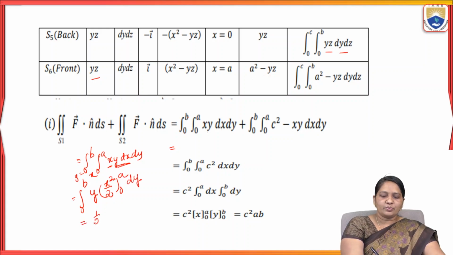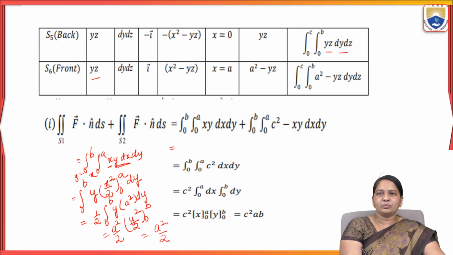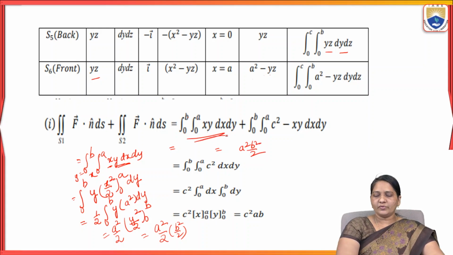Next, 1 by 2 is a constant, taking it out: integral 0 to b, y times a square, dy. So finally a square by 2, integral y dy. The integral of y dy is y square by 2, limits 0 to b. So finally a square by 2 times b square by 2. The final answer is a square b square by 4. This is the value of the first one.